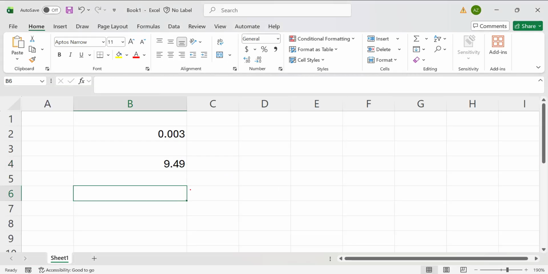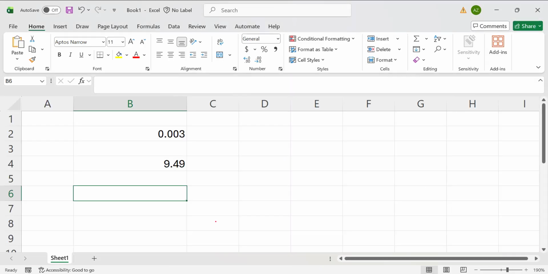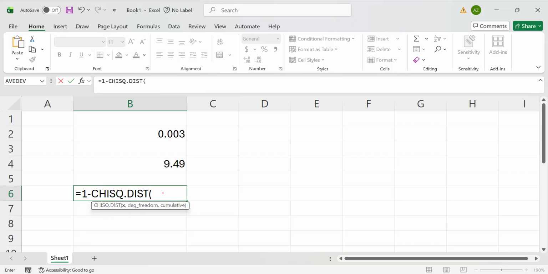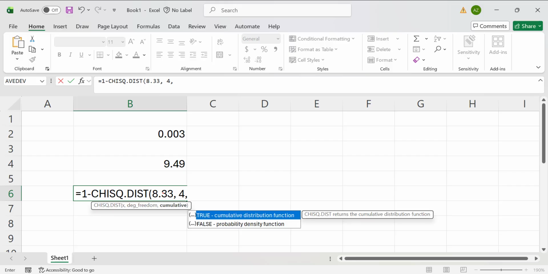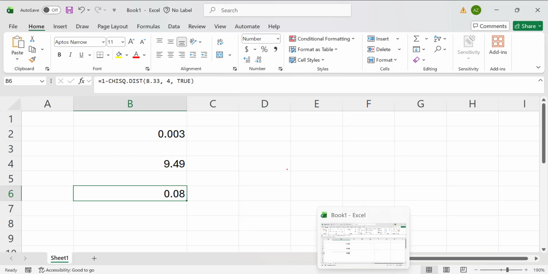So the test statistic is 8.33. Again, one more time, we do 1 minus the chi-square distribution at 8.33, degrees of freedom 4, accumulating everything to the left, and we get 0.08. Rounded to 2 decimal places, 0.08, which is much bigger than alpha.